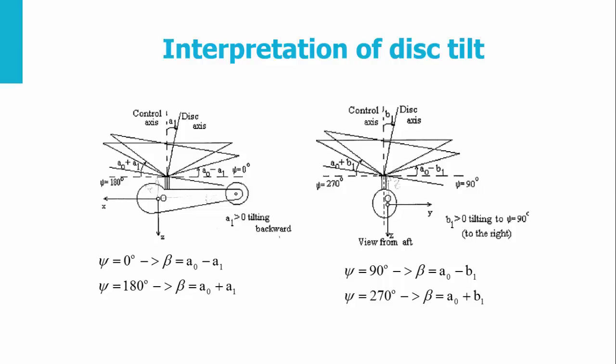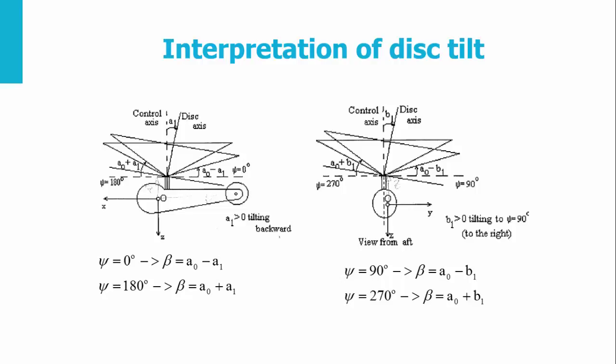The blade is back, and here 180 degrees. In a Fourier series, you would see that actually the disk is tilting from front to back. So the angles are becoming A0 plus A1, and this is A0 minus A1.